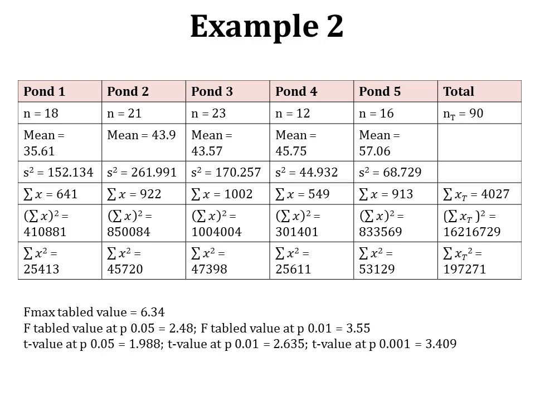And from pond number 4, we took only 12 observations, and the mean bicarbonate levels are 45.75 milligrams per deciliter. And then pond number 5, the mean levels of bicarbonates are 57.06 milligrams per deciliter, and the number of observations taken are 16.